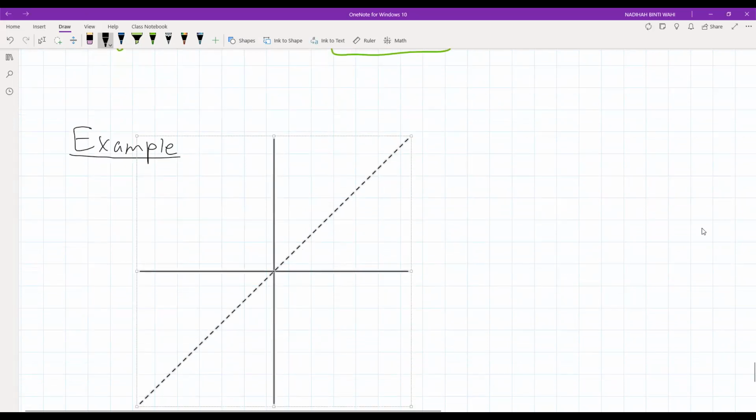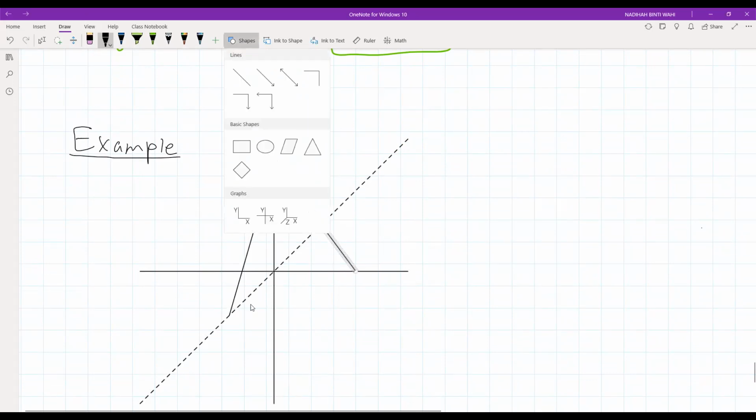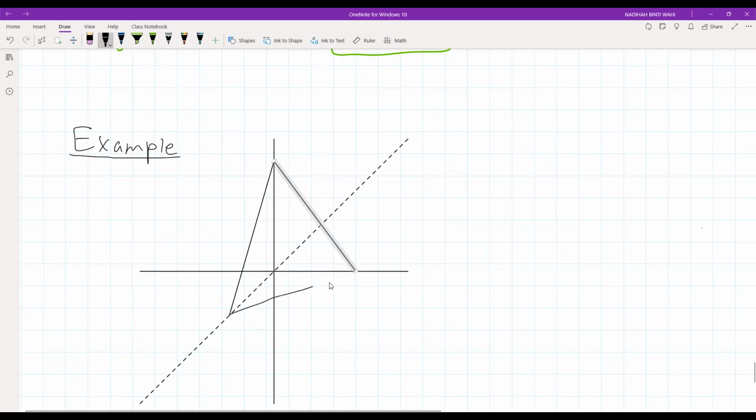Let's see this one. I have a line that goes from here to here, and also a line from here to there, and then this line. It's not that straight.